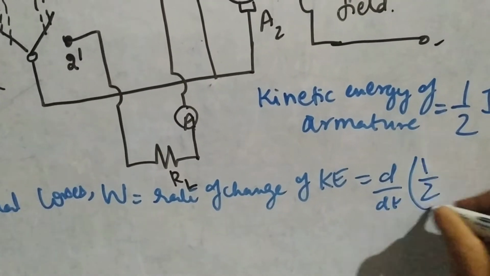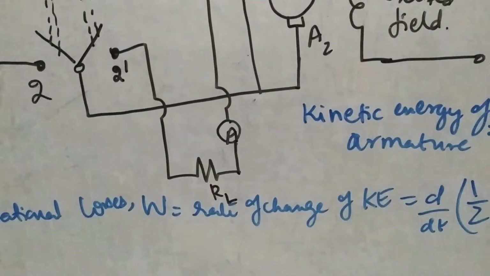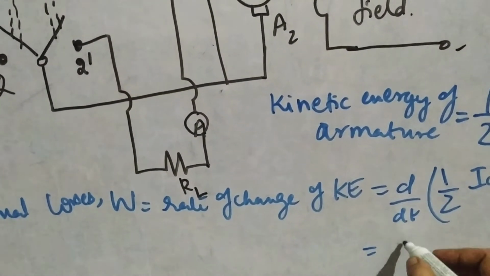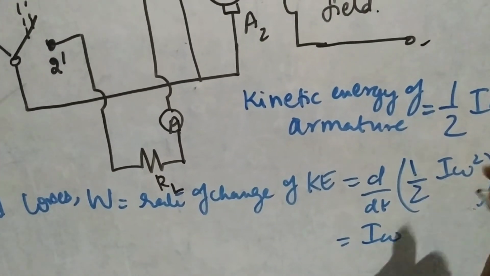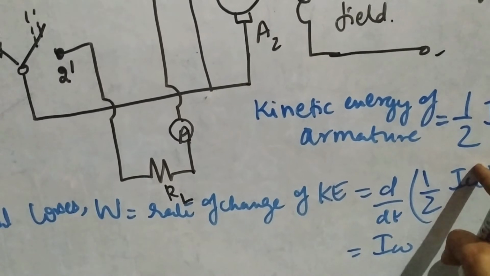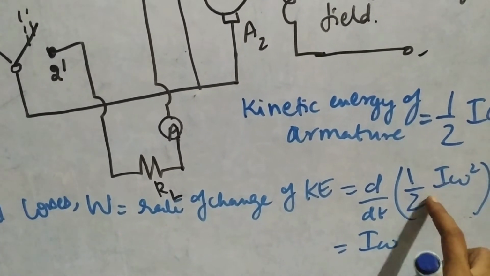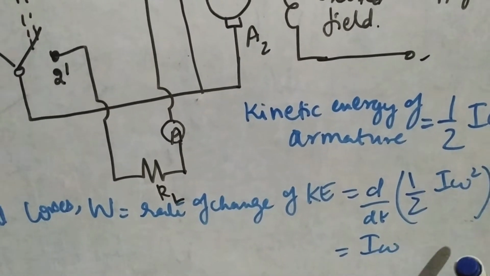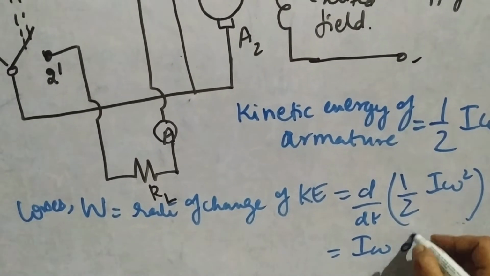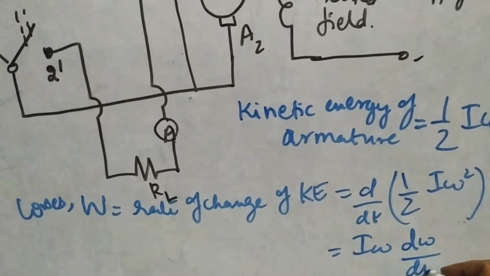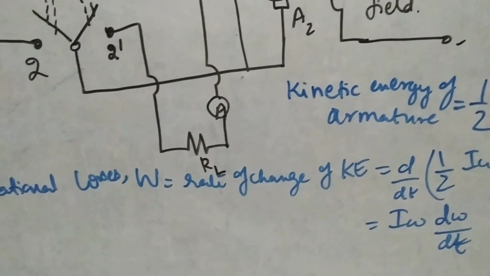Half I omega square, when you differentiate, gives 2 times omega, so the 2 gets cancelled and it retains I omega d omega by dt. This is what you have differentiated with respect to time.